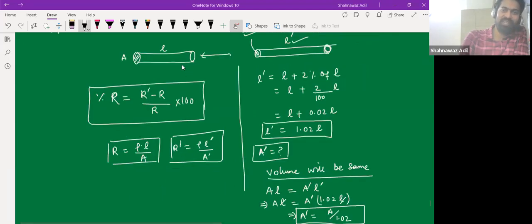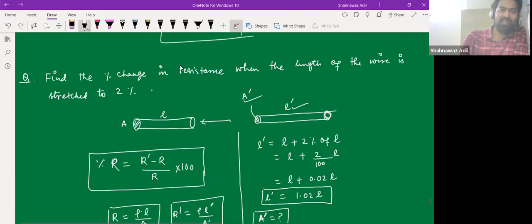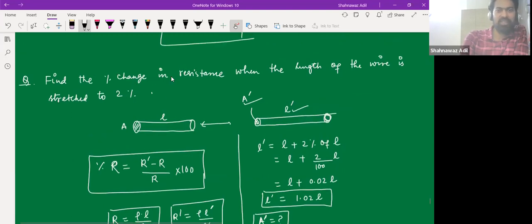Yes, sir. We are calculating the percentage change in resistance when the length of the wire is stretched by 2%. So we have this initial wire, its length is L, and this is the area of cross section.